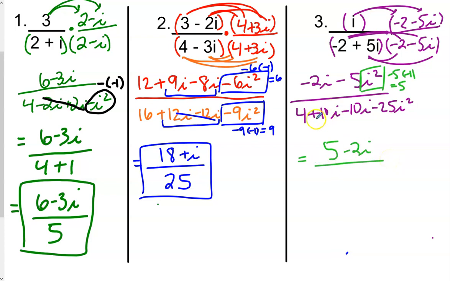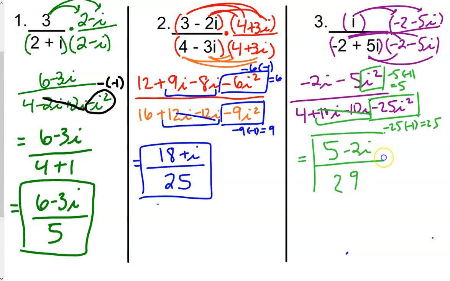Our denominator, I see 10i minus 10i, so they're going to cancel. And then this last piece, negative 25i squared, is negative 25 times negative 1, which is positive 25. 4 plus 25 gives me 29. There we go.